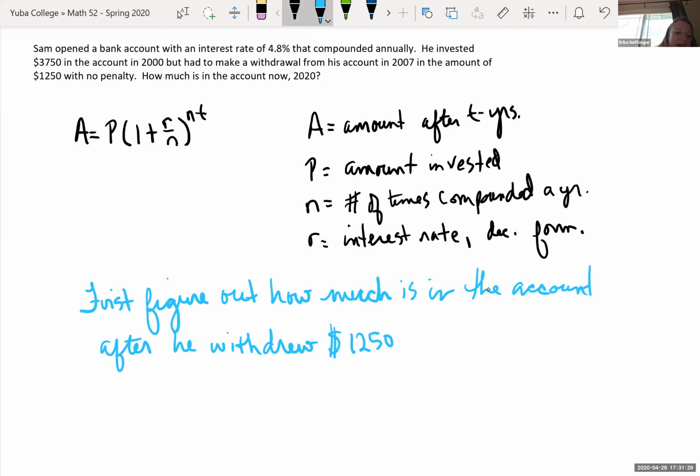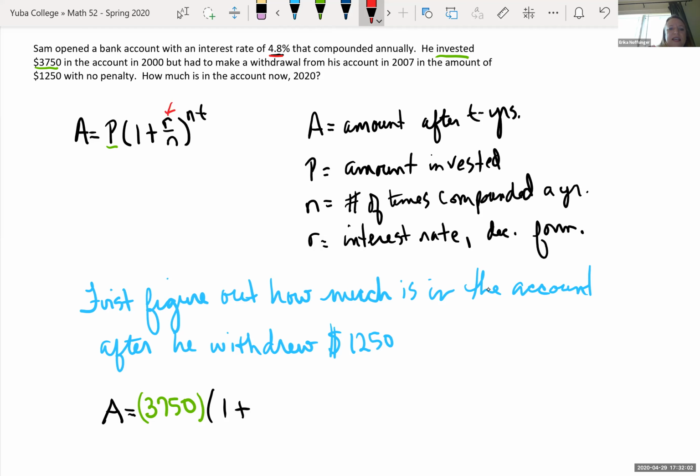Okay, so the amount, this would equal how much he invested. So let's see. He invested $3,750, all times 1 plus the interest rate. So the interest rate here is 4.8%.